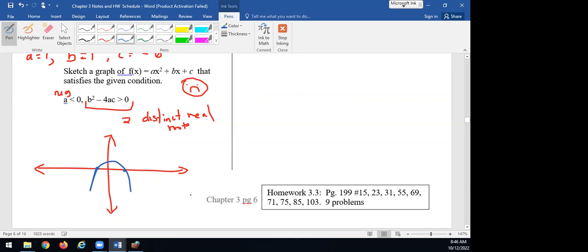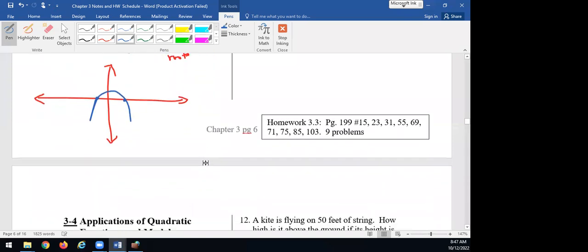Any graph that flips over the X and cuts the X-axis twice would satisfy these 2 conditions. So different people can have different answers. It's any graph that satisfies those 2, because your discriminant would tell you that.